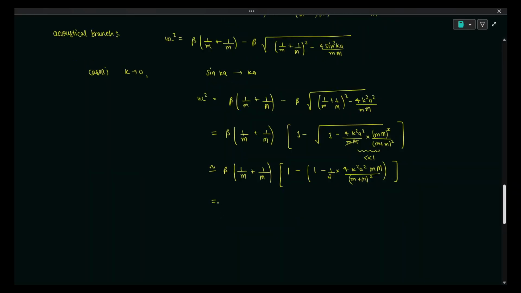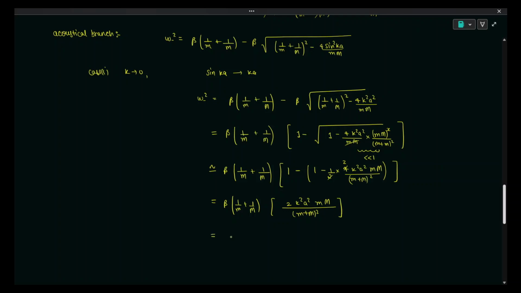So this will become beta (1 divided by small m plus 1 divided by capital M), and then once this 1 cancels out this 1, so here it will be 2 k square a square small m capital M divided by small m plus capital M whole square.